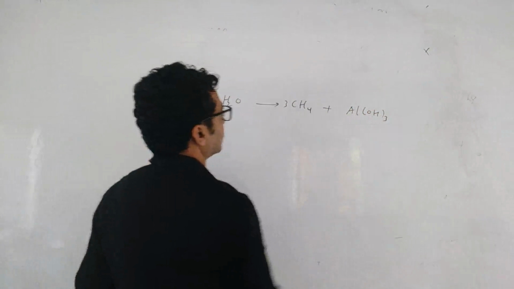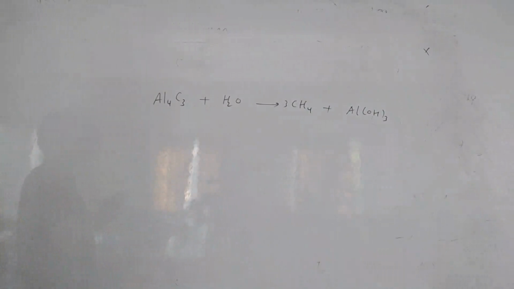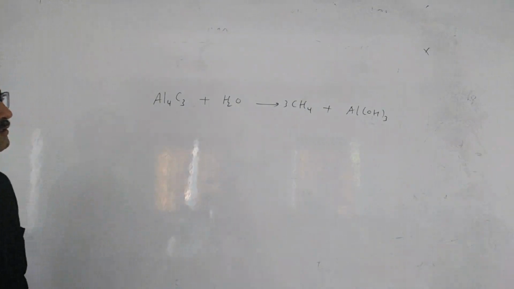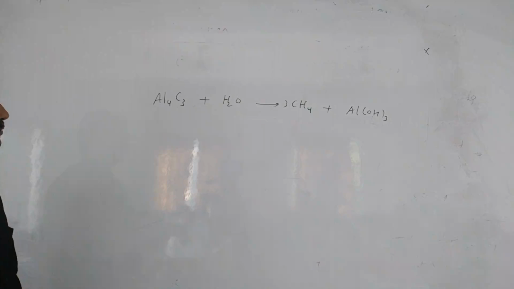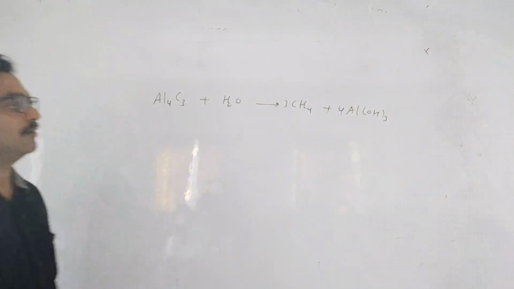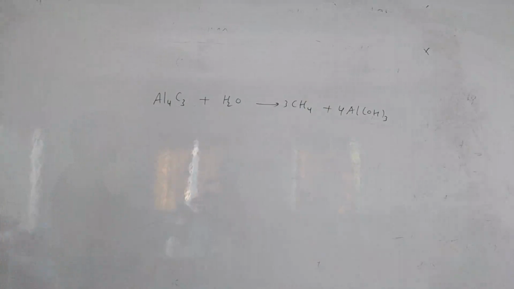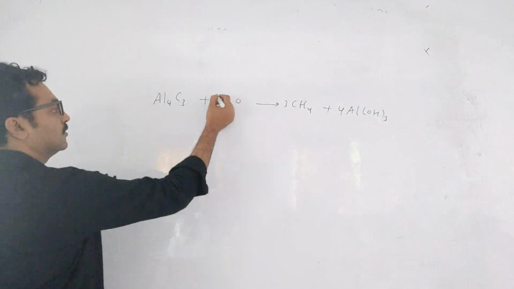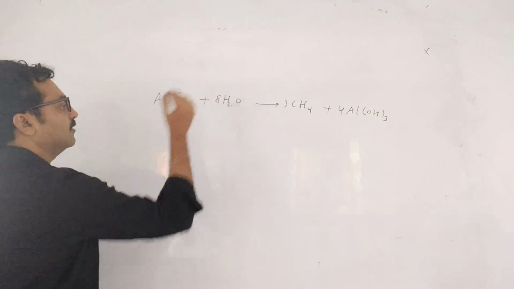See the balancing part. Here, also you keep 4. Then how many? 4 aluminiums are there. 4 times 3 is 12 hydrogen, 13, 14, 15, 16 hydrogen.